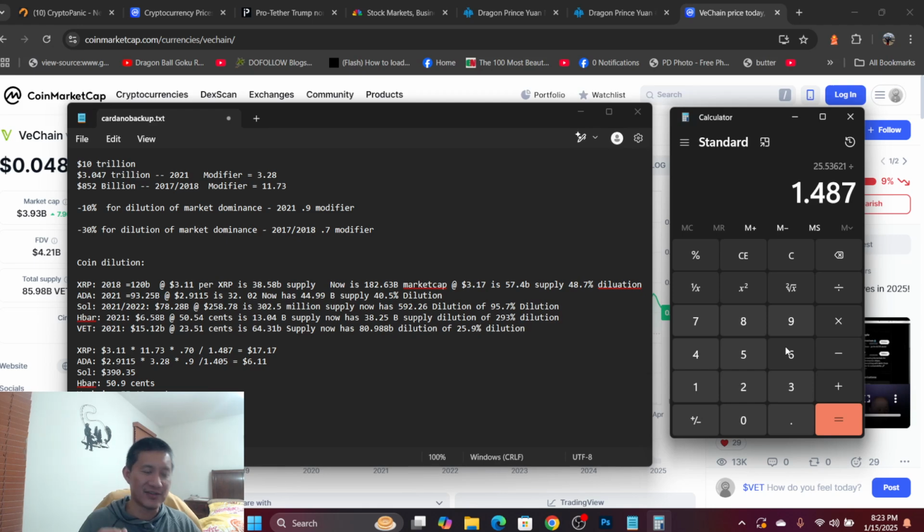So obviously, if the supply of a coin is greater, the value of each coin is going to be less. So you get about $17.17 as the maximum price for XRP.